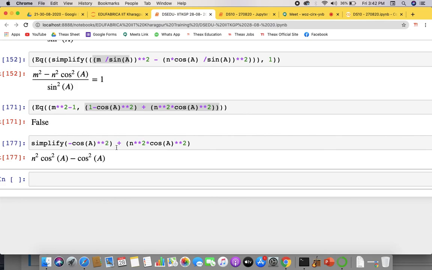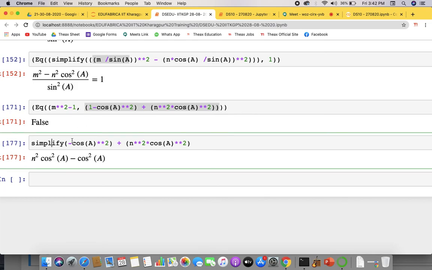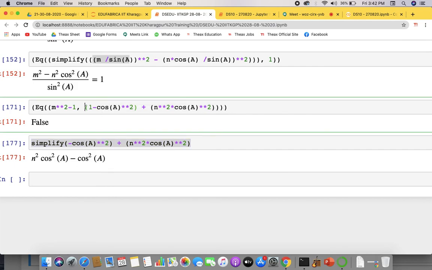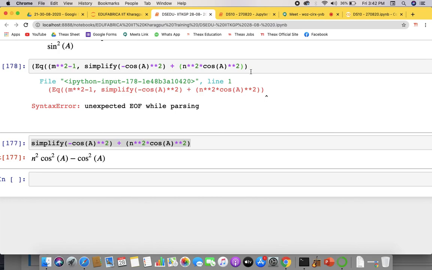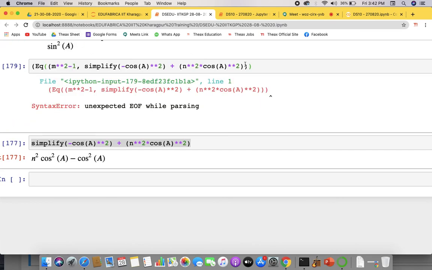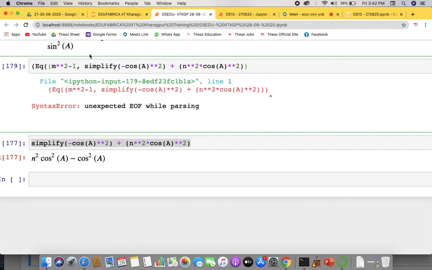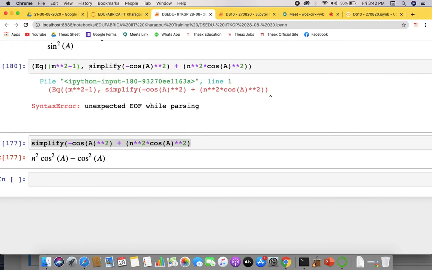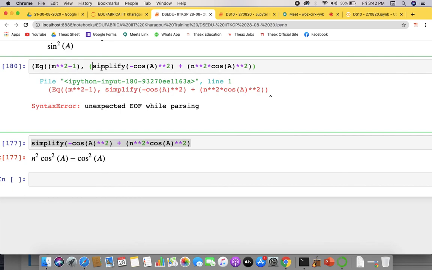So n square cos square a, and that should be fine. So this will be giving n square minus 1. So hectic somewhere. Again some errors. What is this? M square minus 1. This is equals to simplify.